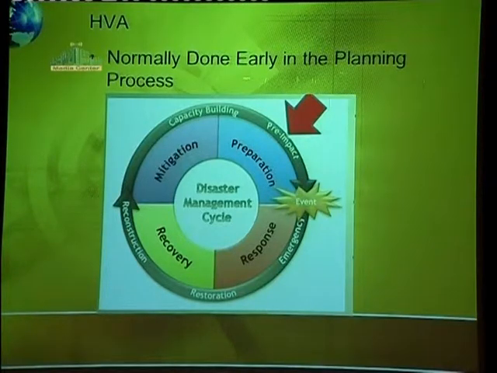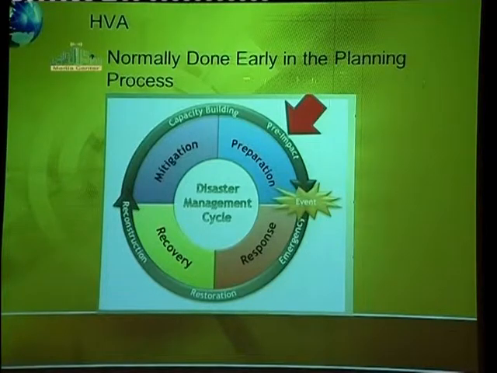The vulnerability process is best done early in what's called the disaster cycle, and this slide is sort of that process. The reason that you want to do it early is because if you don't know what you're worried about, it's very difficult to develop a plan and exercises in order to test your readiness.